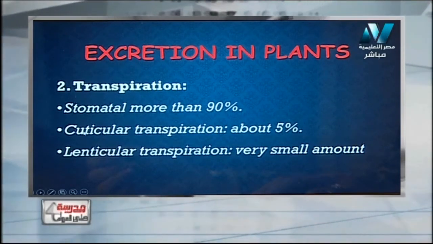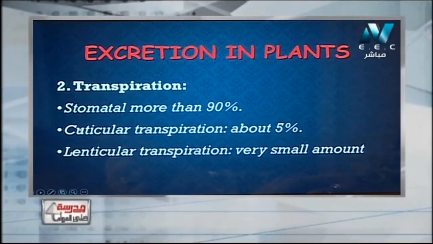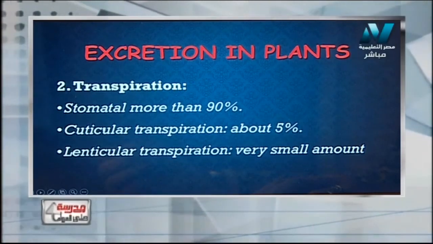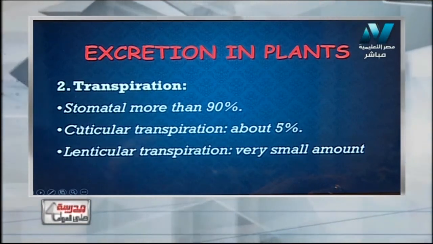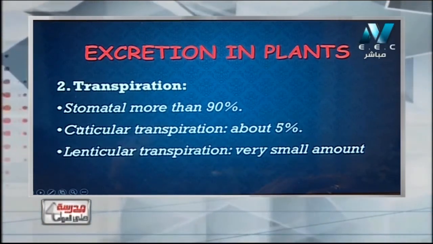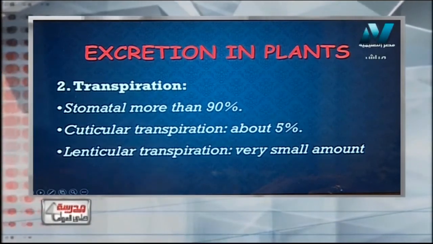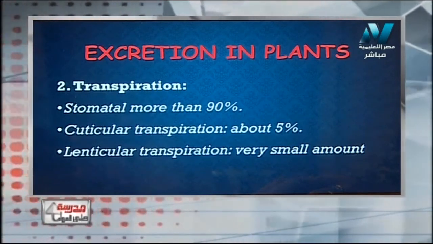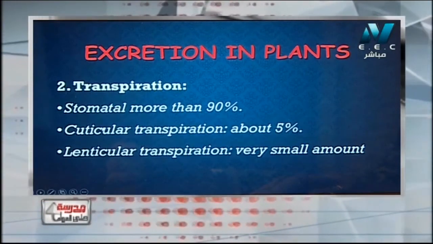The other location where the water vapor comes out from is the cuticle layer. The cuticle layer, as you remember, covers the outer surface of the epidermal cells in the leaves and in the stems of the herbaceous plants. So this cuticle layer has a very important function.